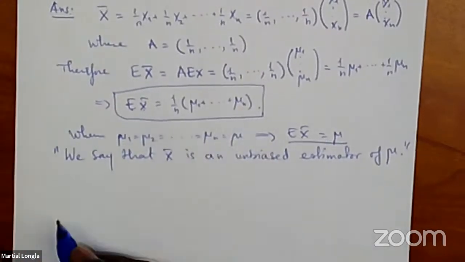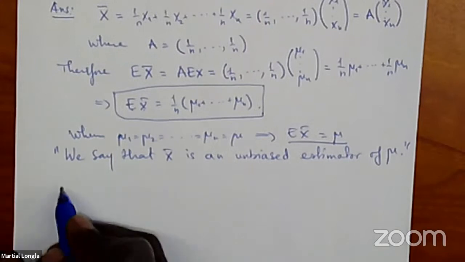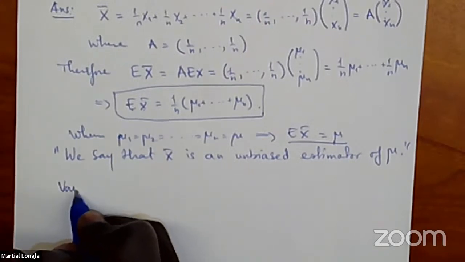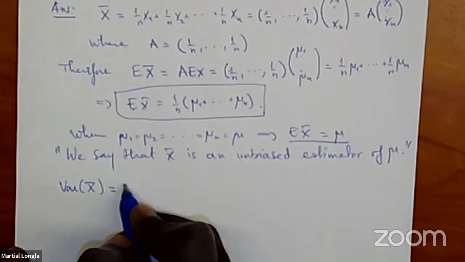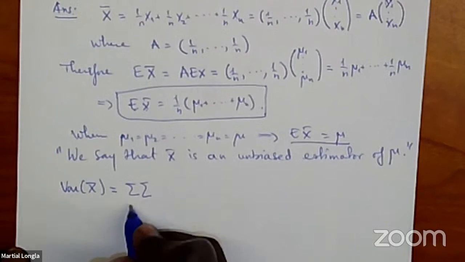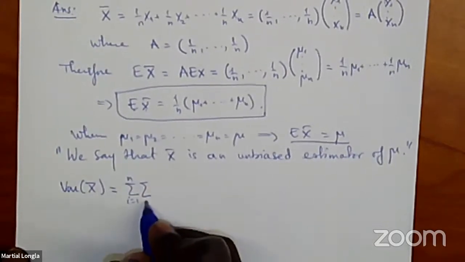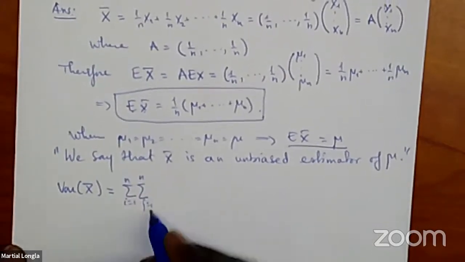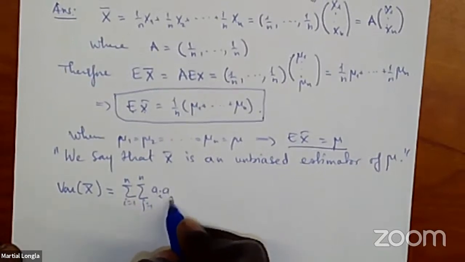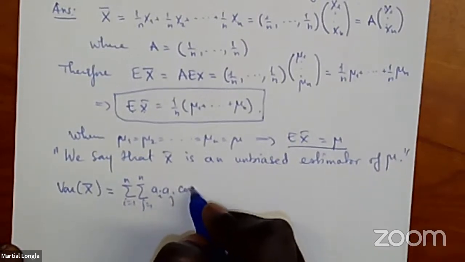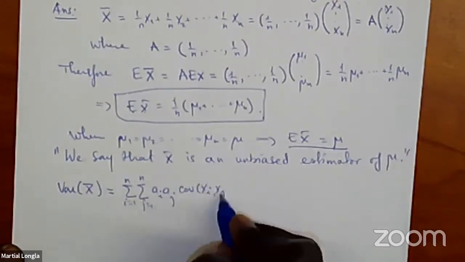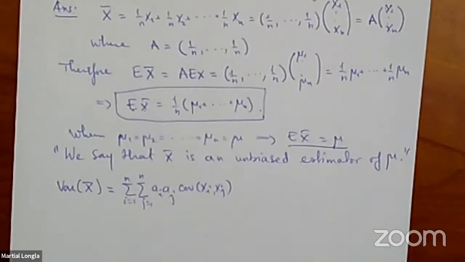Now, what about the variance? I asked for the mean and the variance. So what is the variance? Variance of x bar. The formula says that it is sum over all i's and j, i from 1 through n, j from 1 through n, ai, aj, covariance of xi, xj. Right?